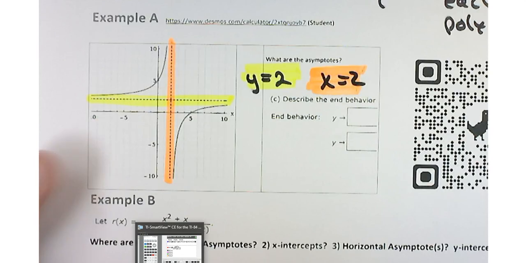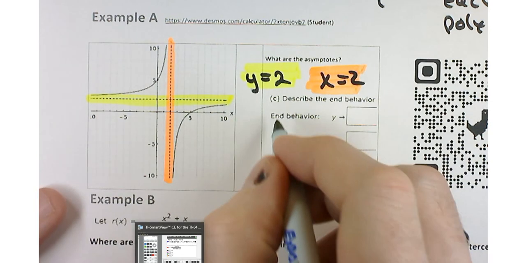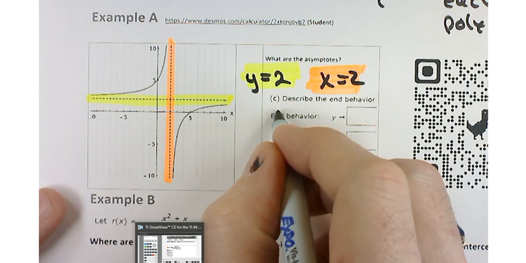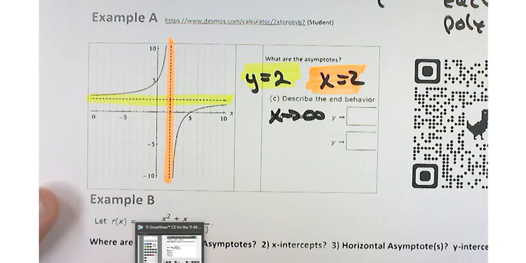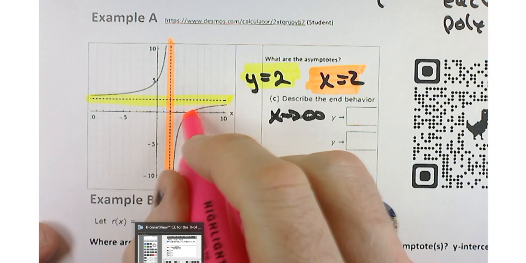And you could also be asked for the end behavior. Now, we'll see a better example towards the end of this, but the end behavior really should come with another little thing here. As x approaches positive infinity, so as you're going out the x-axis towards positive infinity, that's going to mean we're heading out this way.